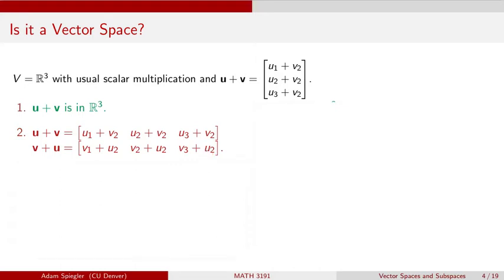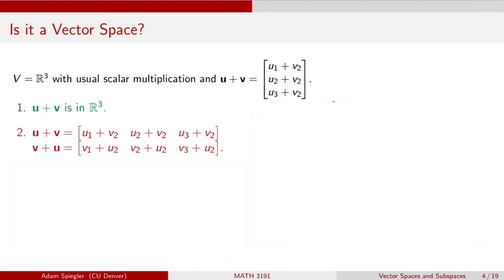And this will work for some vectors U and V, but it is not going to work for all vectors U and V. So these properties need to hold for any pair of vectors U and V that I pick in my space, which in this case is R3. So this is not going to hold.